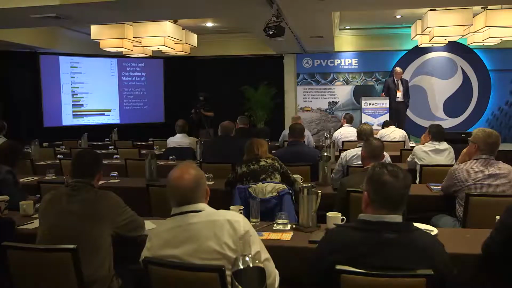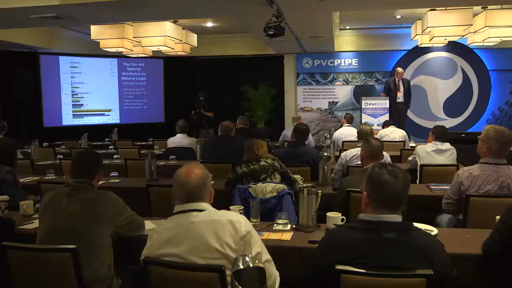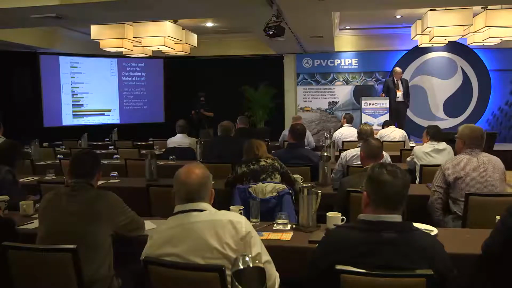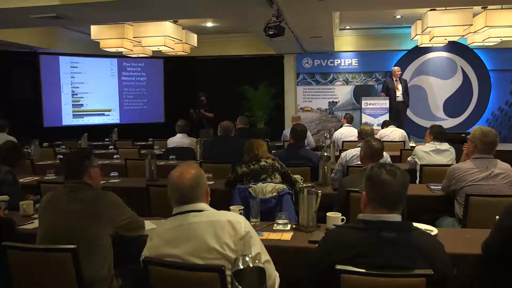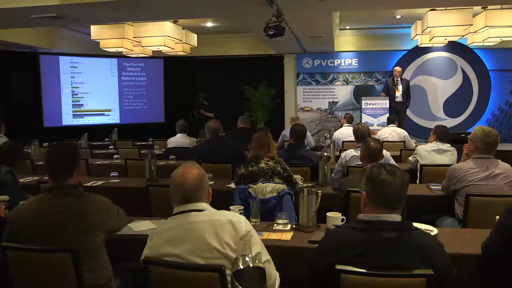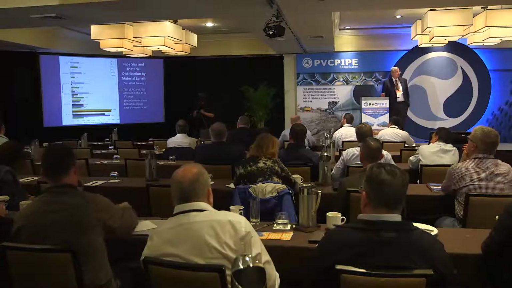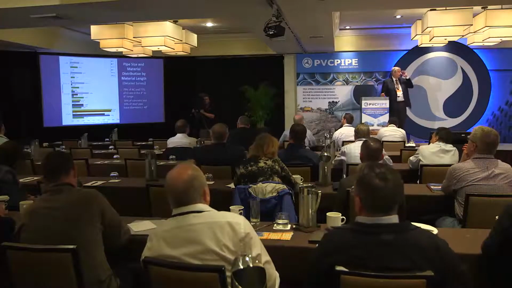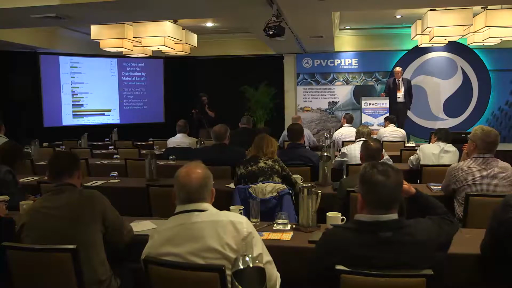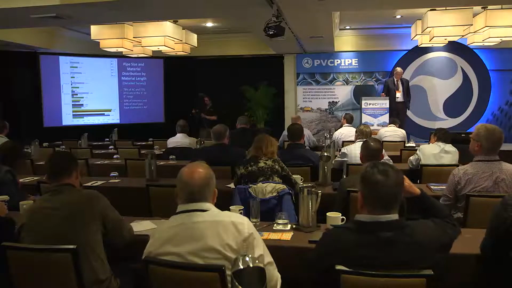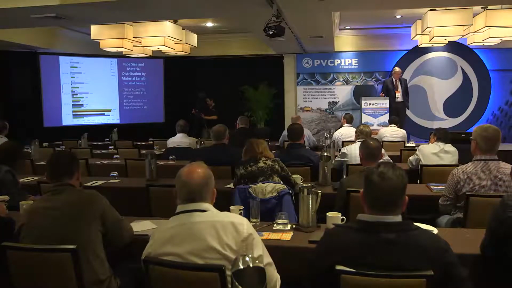And this chart is going to show you that 79% of the AC and 77% of the cast iron is less than 8 inches in diameter. That's a market that you guys are going to be able to look at and compete for in replacing that old pipe material, primarily in that smaller diameter.